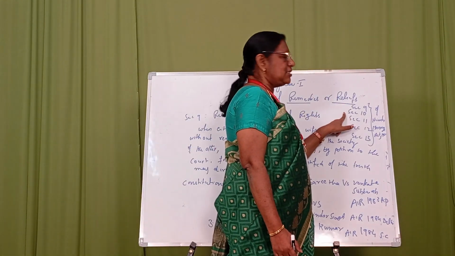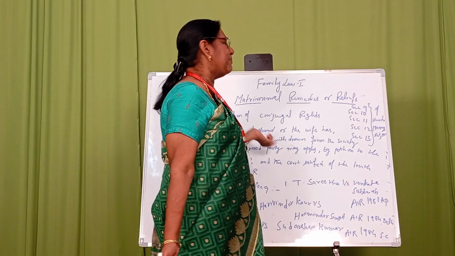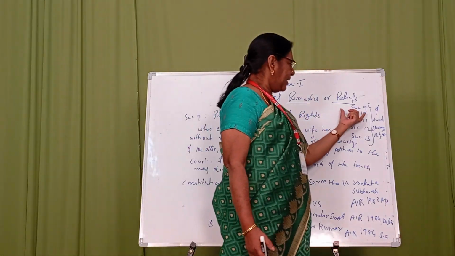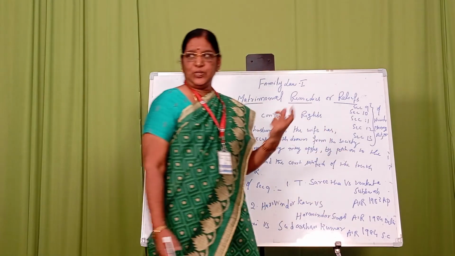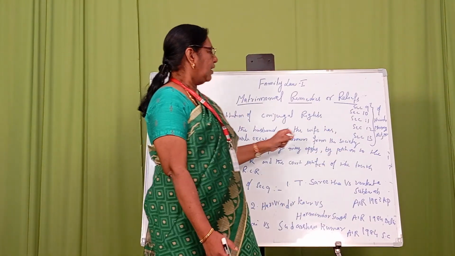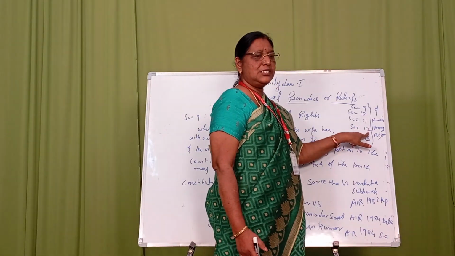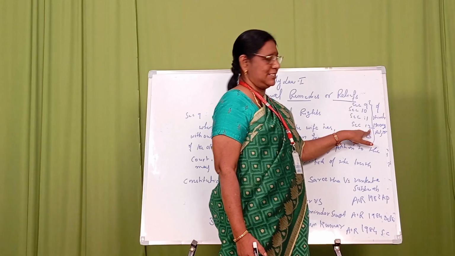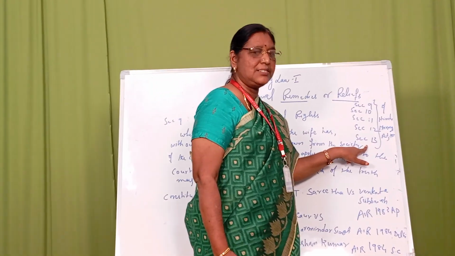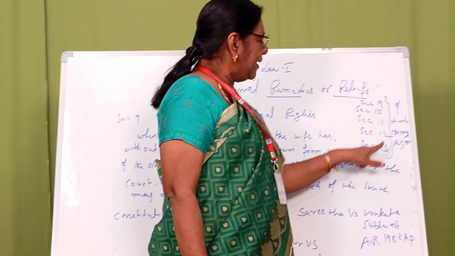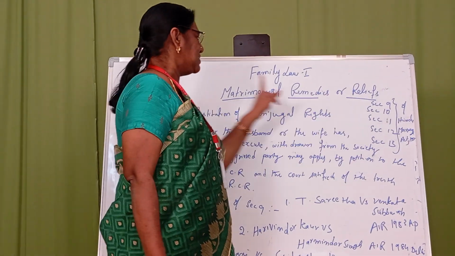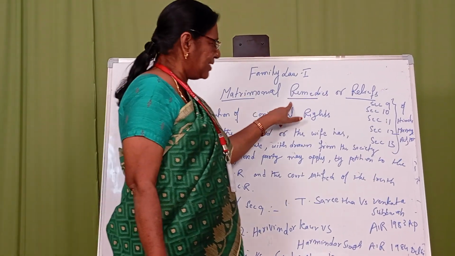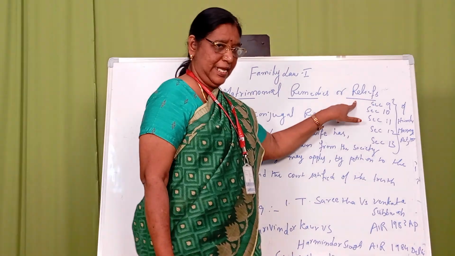When the parties don't want to be separated permanently, they can take the protection of Section 10, which speaks about judicial separation. Section 12 is voidable marriages and Section 13 discusses divorce. These sections are called the marital remedies or marital reliefs.